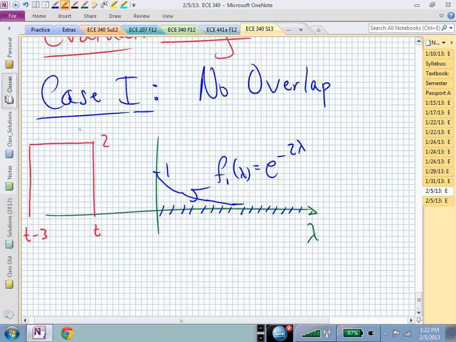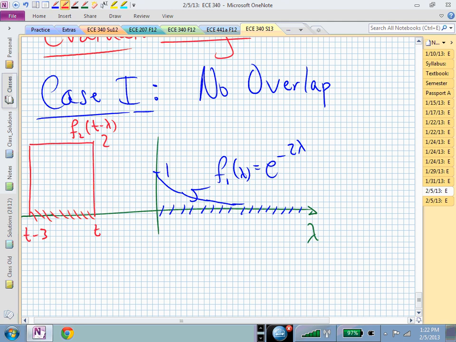So here is f sub 2 of t minus lambda. Its interval of support, or where the function is non-zero, is between t and t minus 3. This is the first overlap picture, or first overlap pattern.